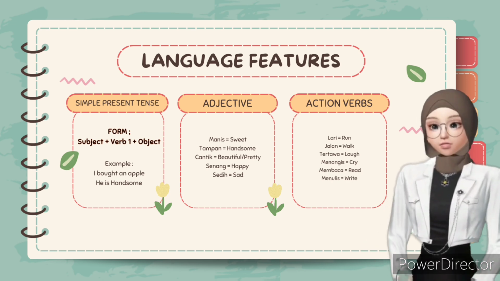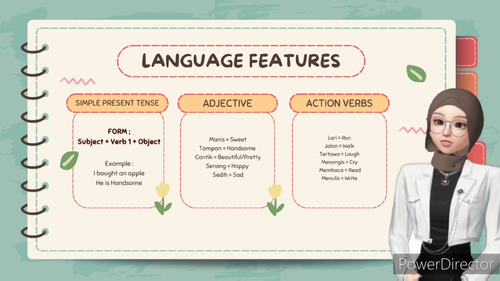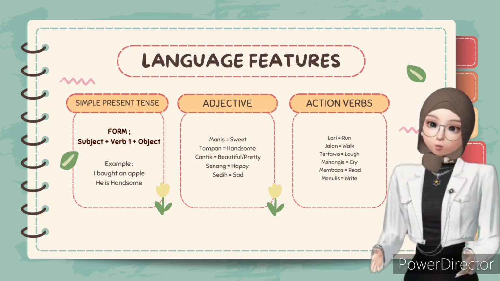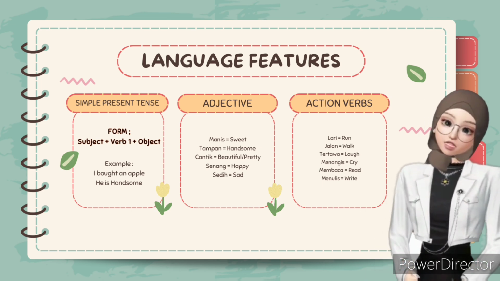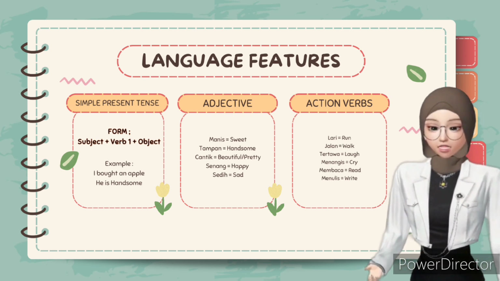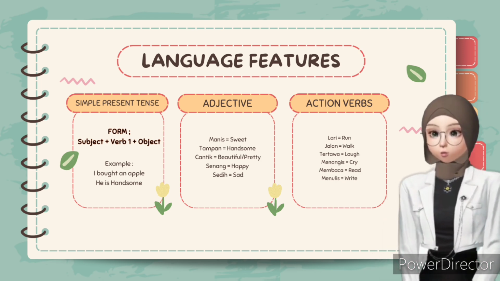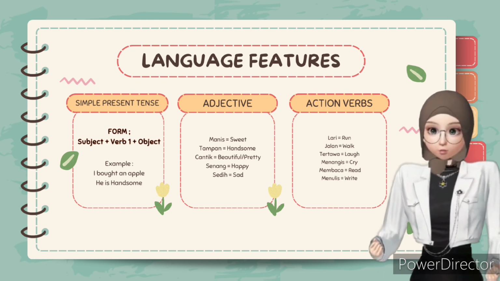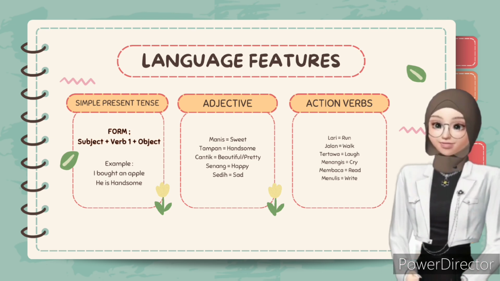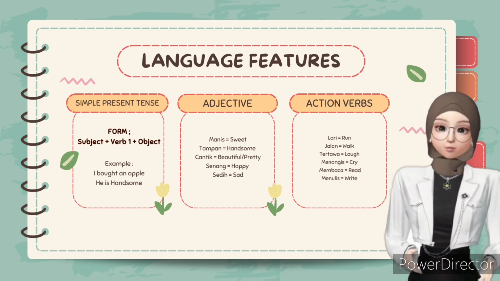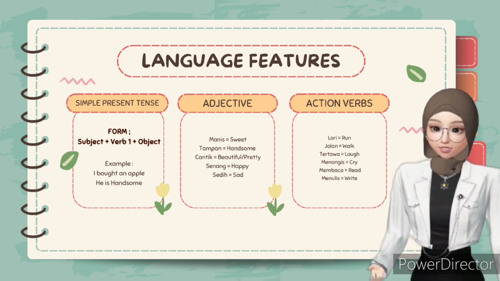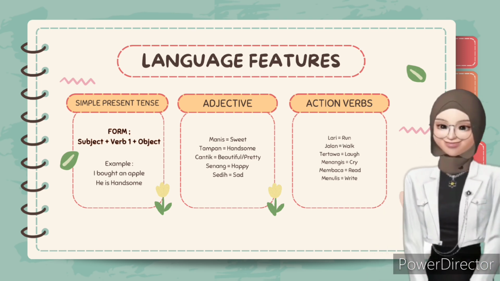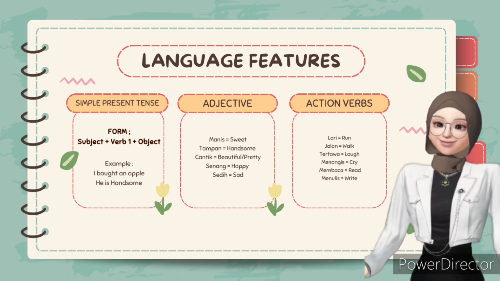Yes, it's kata sifat, like sweet, handsome, beautiful, pretty, happy, sad. And the third one, we have action verb, which is the verbs that have an action in it. Like you're doing something, run is an action. Run, walk, laugh, cry, read, ride, swim, sweep, and anything.